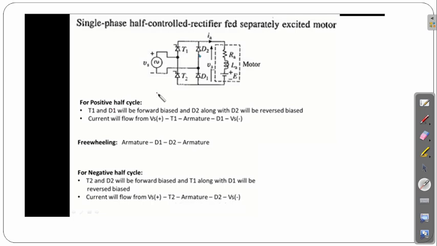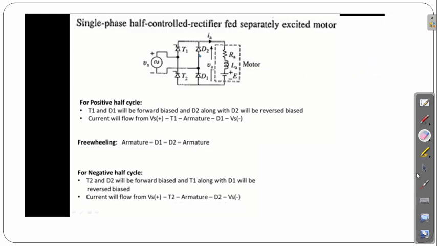For the positive half cycle, we will have forward bias and reverse bias like this. See here, it's T1, T2, resistors and diodes D1 and D2. Whereas in the full controlled rectifier, we will have T1, T2, T3, T4, thyristors like that. But here we will have T1, T2 and D1, D2.